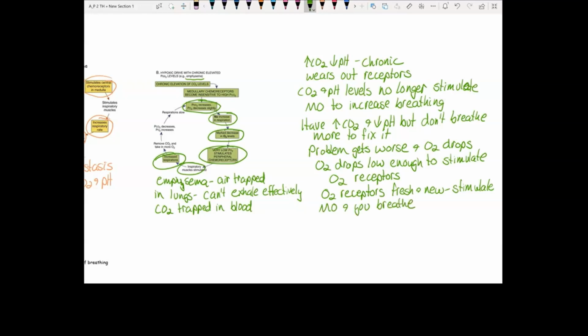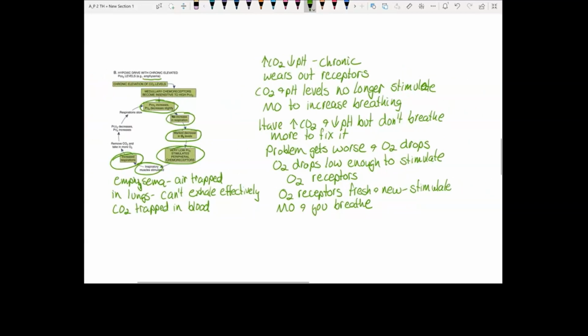Okay, but here's the catch. So this is called hypoxic drive. Hypoxic means low oxygen. So remember, those receptors only respond if your oxygen is very low.